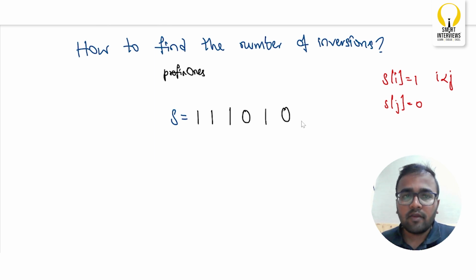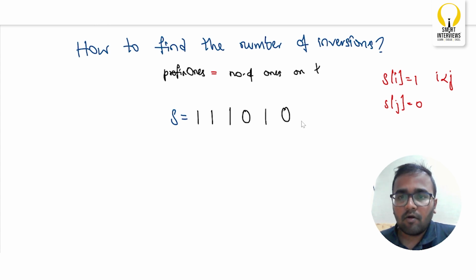At any point, you're going to get the number of ones on the left, including that particular index. So I'll write it as number of ones on the left till i, including i.